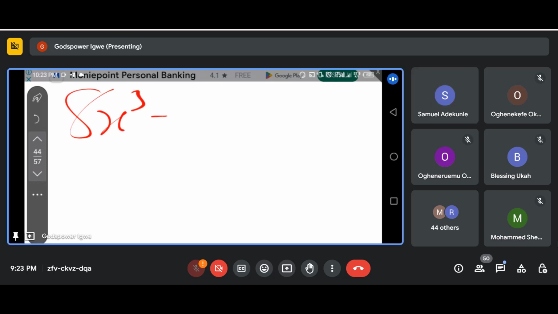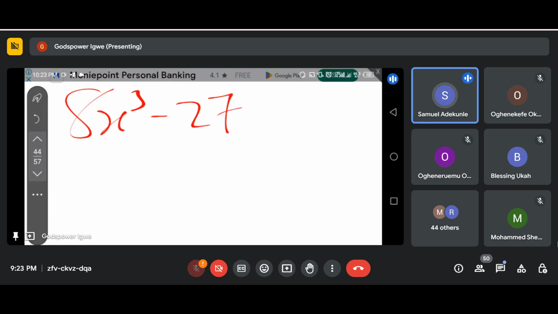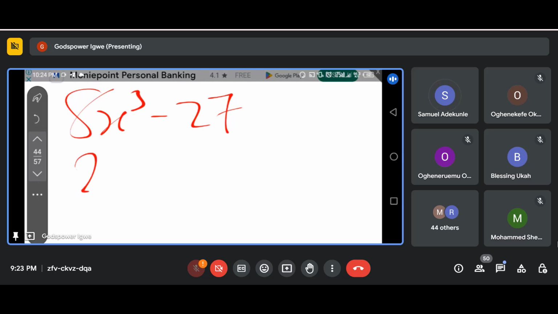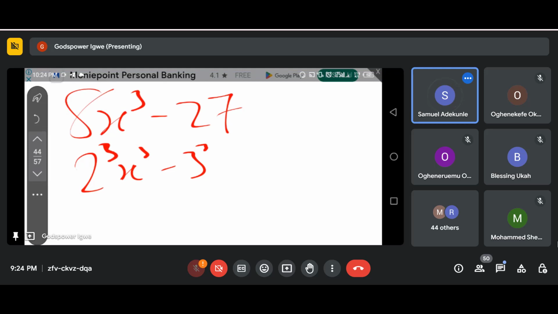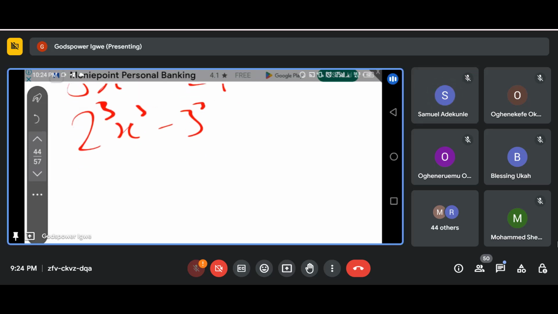You can change this also to 2 cubed x cubed, then minus 3 cubed. 3 times 3 is 9, 9 times 3 is 27. So that all this can be 2x minus 3 cubed.